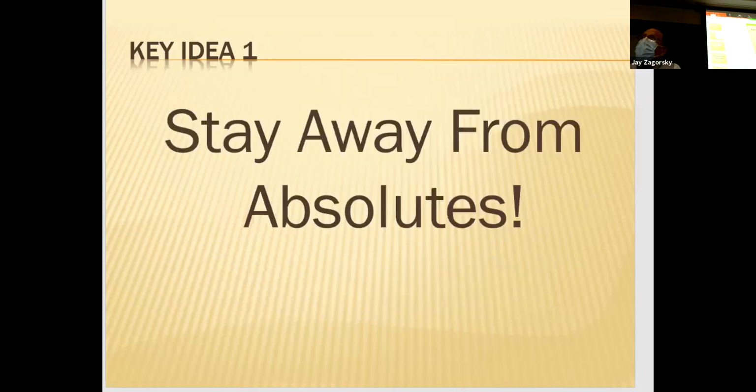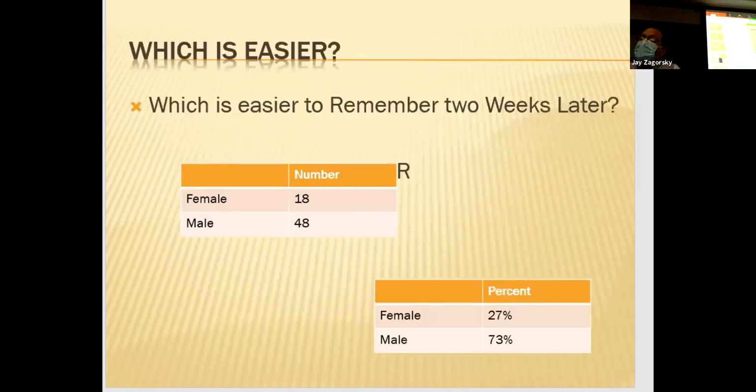Instead of giving absolutes, what do you do? Give percentages. By giving percentages, people easily remember and talk about that. And for the life of me, I can't remember 18 and 48 without looking down right now at my slides. But I can remember this file has 25% women, actually 27, and 75%, okay, it's actually 73% men.